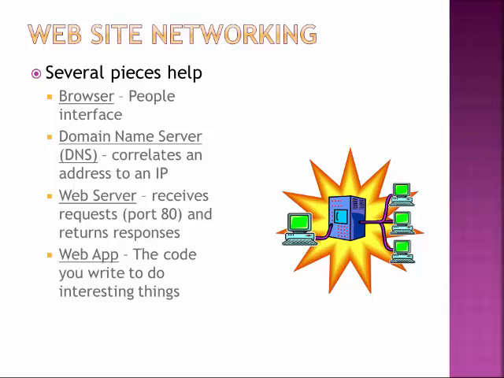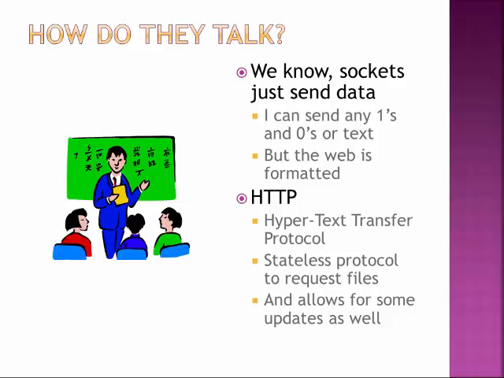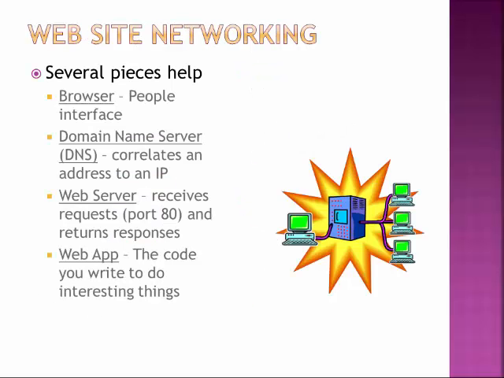So the pieces that help us make this happen, we start with the browser. That's our people interface. That's what a person looks at in order to be able to make their work happen, right? The next piece of that, though, is when I go to my browser, I don't type in an IP address. I type in, quite specifically, a URL, like google.com or ctuonline.com or .edu or whatever it's going to be.